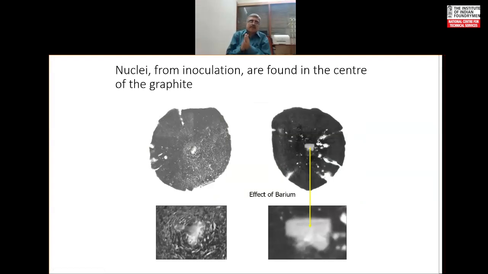Now here are micrographs of nuclei from inoculation. We find that the particles at the center of these graphite nodules, in this case where a barium-based inoculant was being used, served as a substrate on which the nodule has grown.